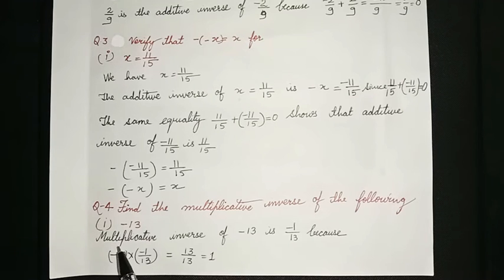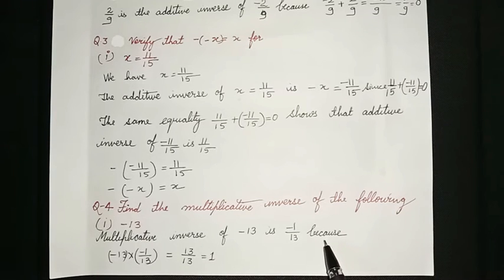Now you see, the multiplicative inverse of minus 13 is minus 1 upon 13. Minus 13 means minus 13 upon 1, and if you write its multiplicative inverse, then 1 upon minus 13 will come, but 1 upon minus 13 is not in standard form, so we will write it as minus 1 upon 13.